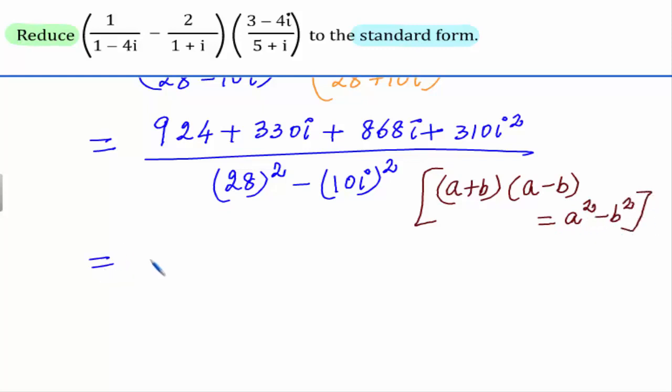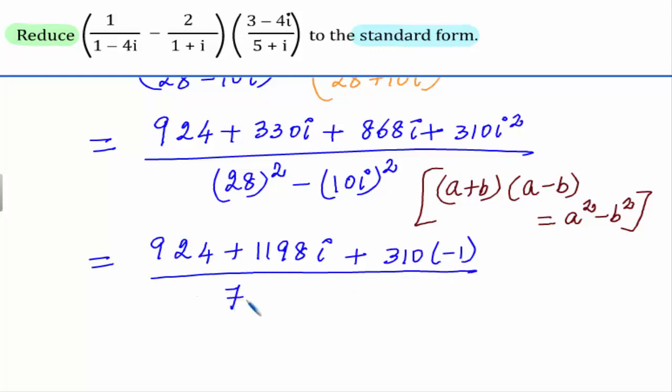In the next step, we have 924 plus 1198i plus 310 multiplied by minus 1 divided by 784 minus 100 multiplied by minus 1. The reason is i square is equal to minus 1.